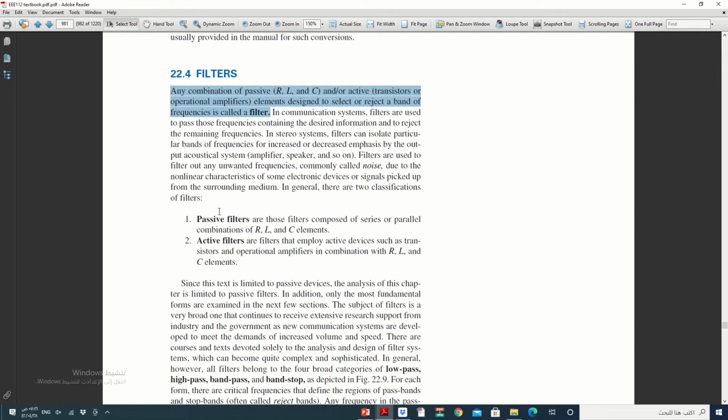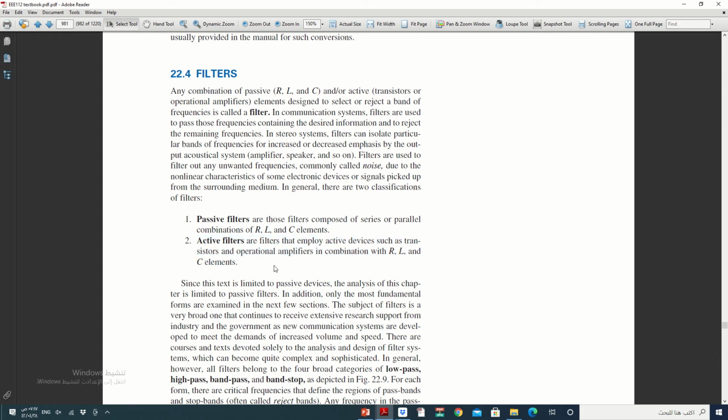We have two types of filter, one called passive filter and the other called active filter. The passive filters are those composed of series or parallel combinations of RLC elements, and the active filters employ active devices such as transistors and operational amplifiers in combination with R, L and C elements.